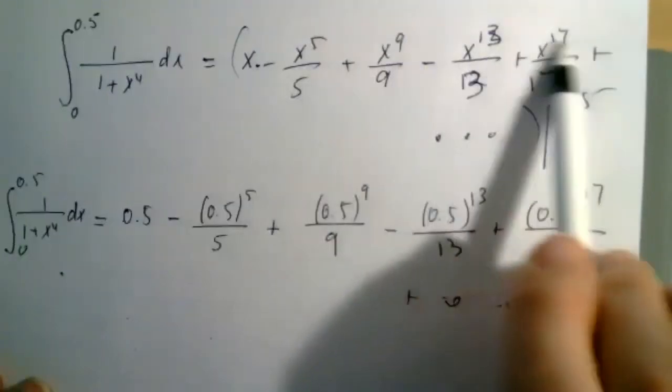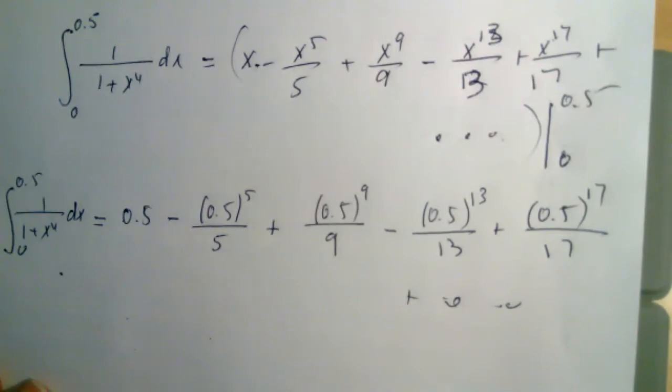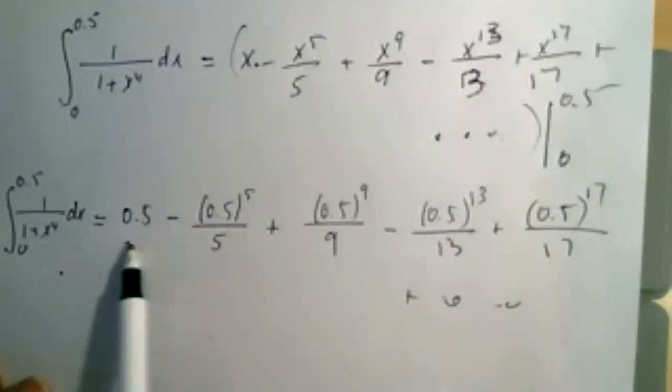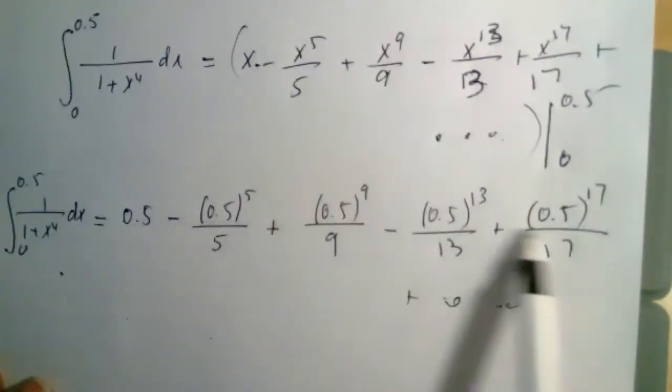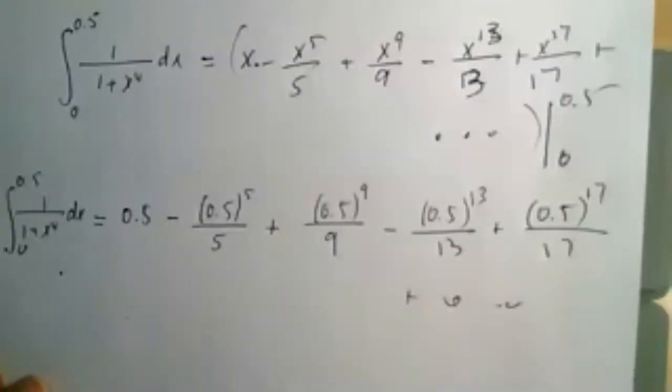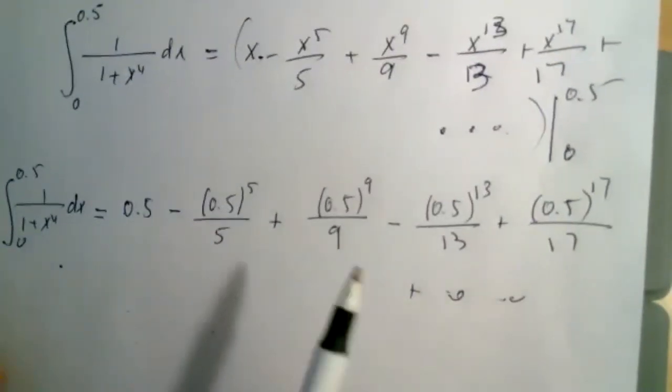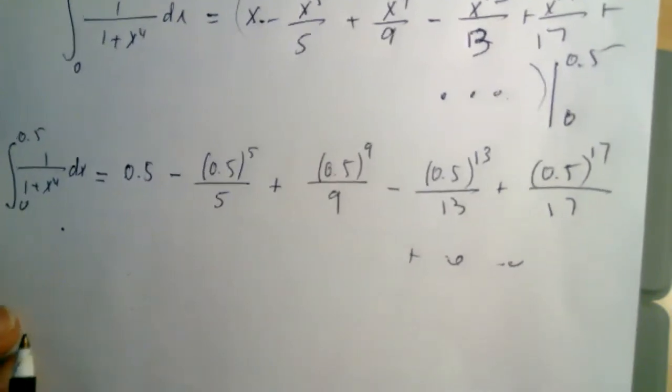The only antiderivative it has is actually a power series. So if we want to compute the definite integral, we express it as a series. Now let us see how good this estimate is.